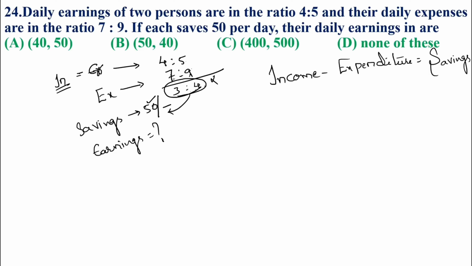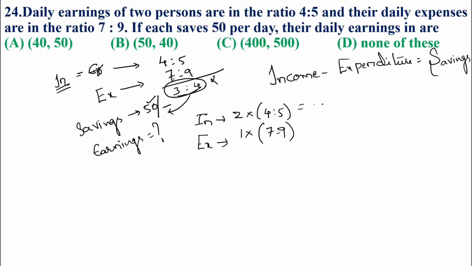What is the difference? 9 minus 7 is 2. So income will become 2 into 4 is to 5, meaning multiply the first ratio with the difference of the second ratio. Then expenditures will become, take the difference of 4 is to 5, which is 1. So multiply the second ratio with the difference of the first ratio.